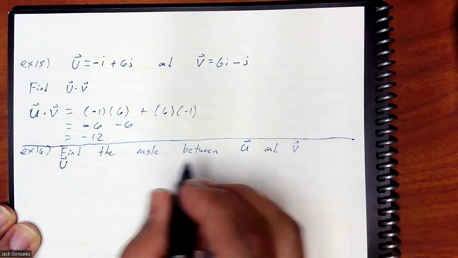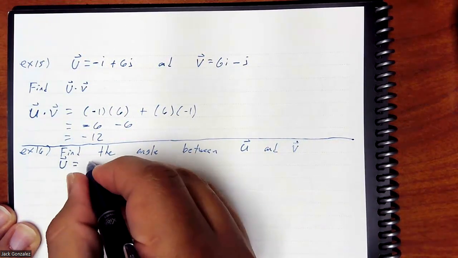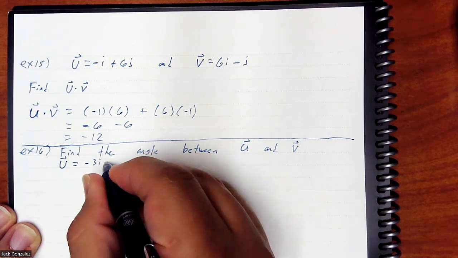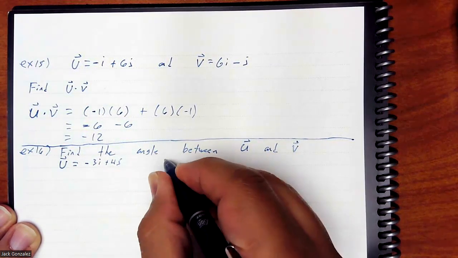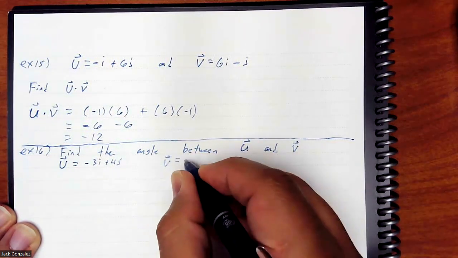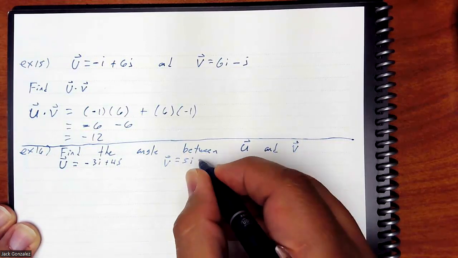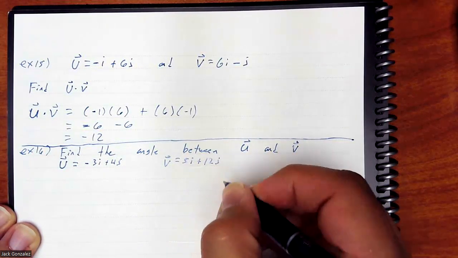So find the angle between u and v, given that u is -3i plus 4j, and v is 5i plus 12j.